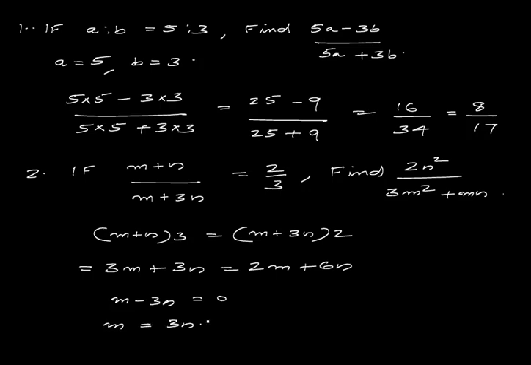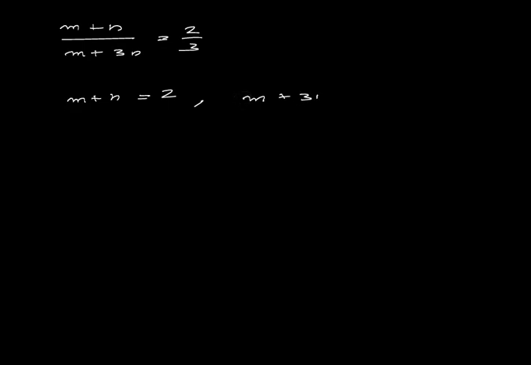We can use this value to find the value of n. We know that m plus n divided by m plus 3n is equal to 2 by 3. That means m plus n is equal to 2 and m plus 3n is equal to 3.